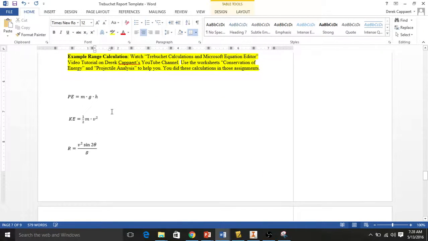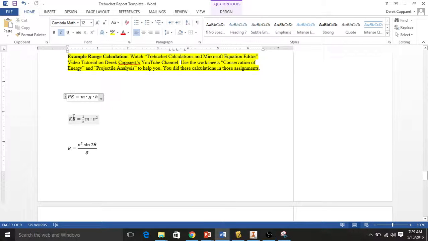The next step was that the potential energy from the counterweight was converted into kinetic energy. For that equation, you took 1/2 times the mass of the marble, because that is what you're throwing, times the velocity squared. The thing was, though, you don't actually need this equation because all of the potential energy is converted to kinetic energy.